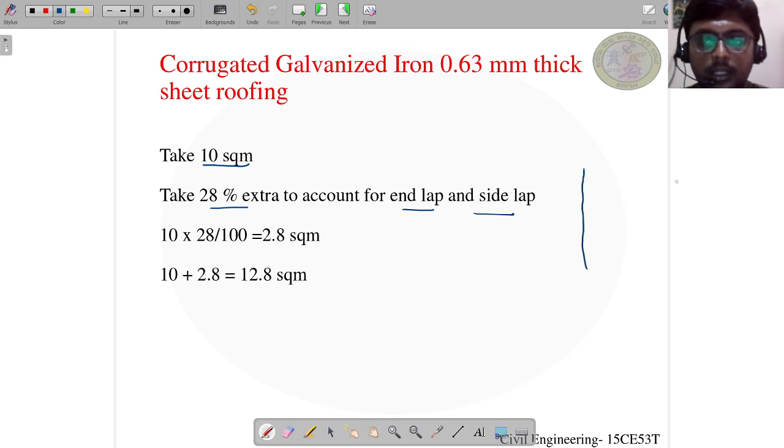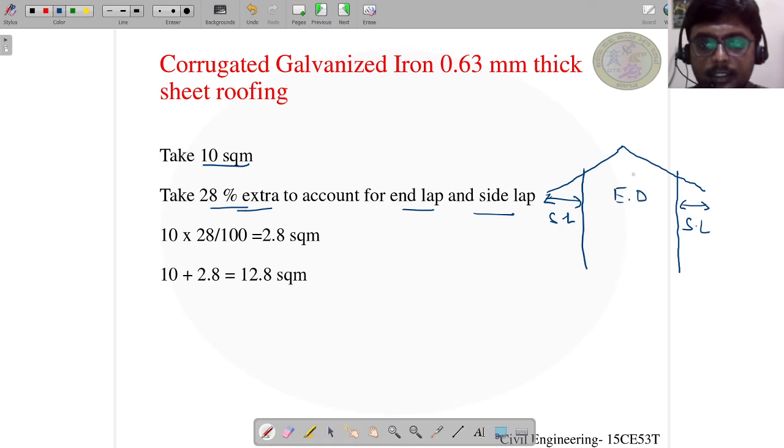So for example, if you're giving a GI sheet roofing like this, so this becomes the side lap and in the front and the back becomes the end lap. This becomes the side lap. So we are taking 28% for the side laps and also for the end laps.